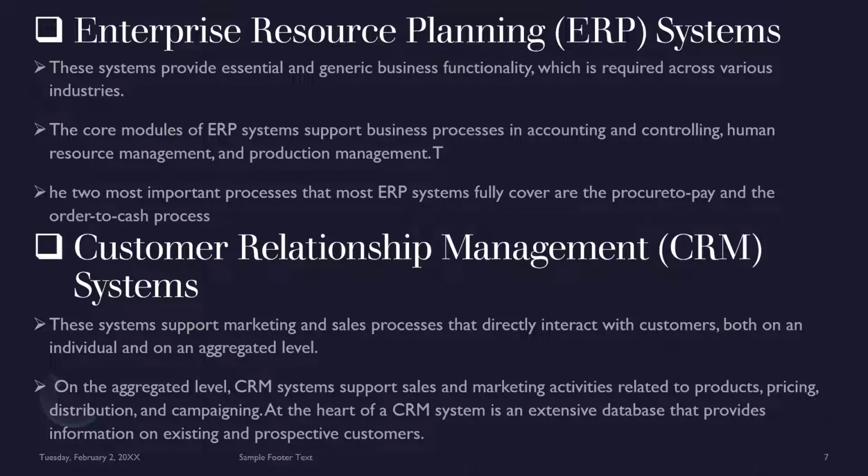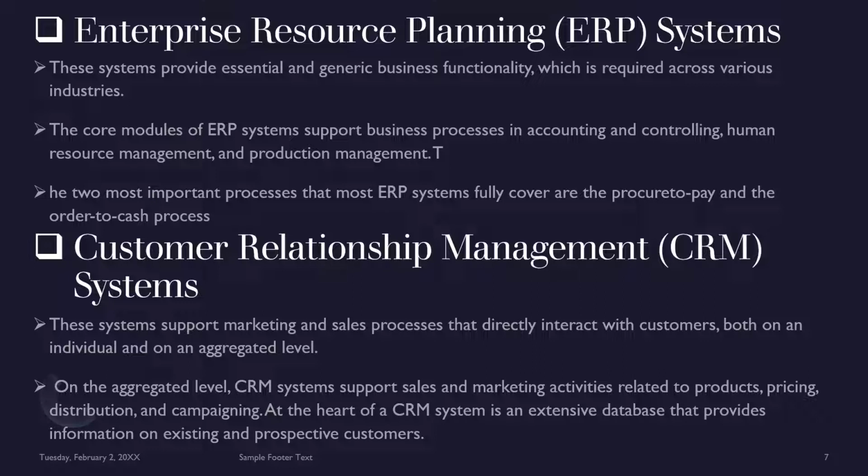Another one is customer relationship management systems. This system supports marketing and sales processes that directly interact with customers, both on an individual and an aggregated level. So this system supports a certain type of integrated and aggregated level of relationship.